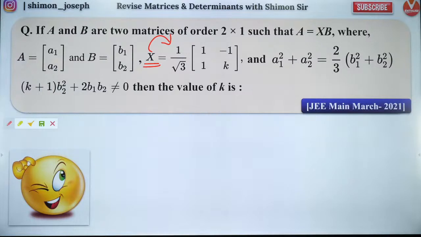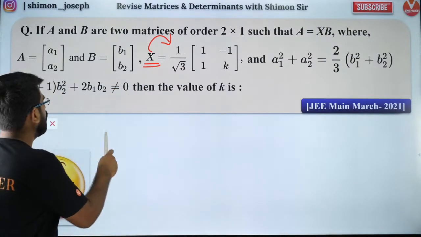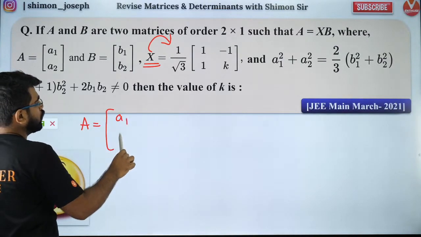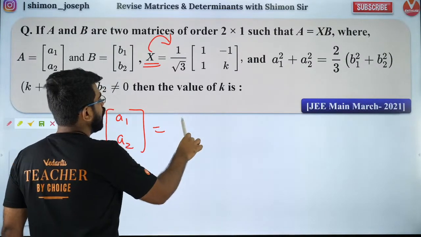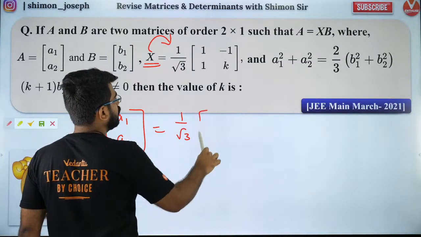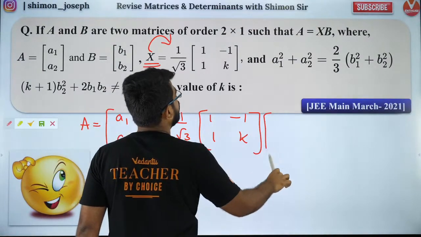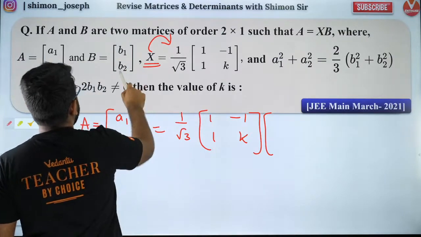Okay, people, are you all done? We have a very nice question here. What do we have here? We have A is equal to XB. So what is A? A is equal to A1, A2. Now that is equal to XB. XB means 1 by root 3 times the matrix 1 minus 1, 1 K, and you have B. B is nothing but again B1, B2.